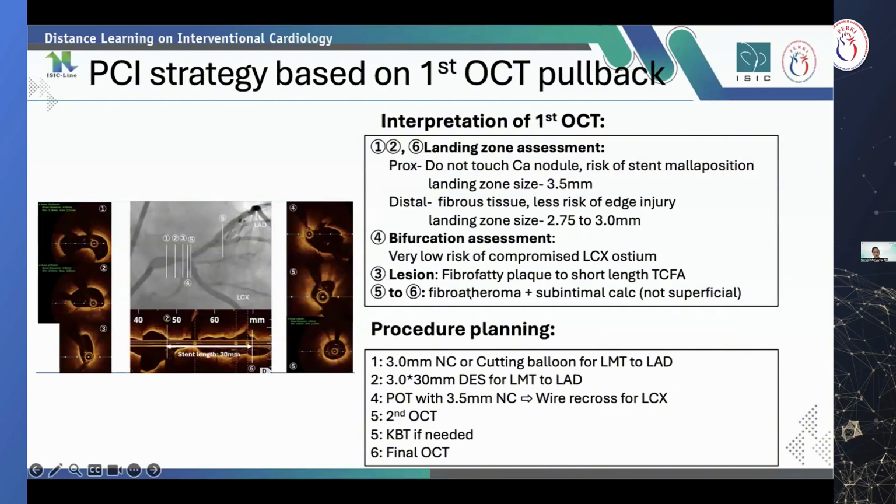And then we can assess the calcification. Calcification volume is very small, and also the calcification is not superficial.